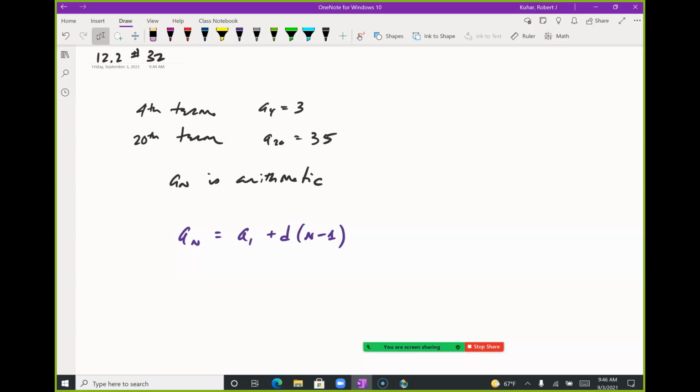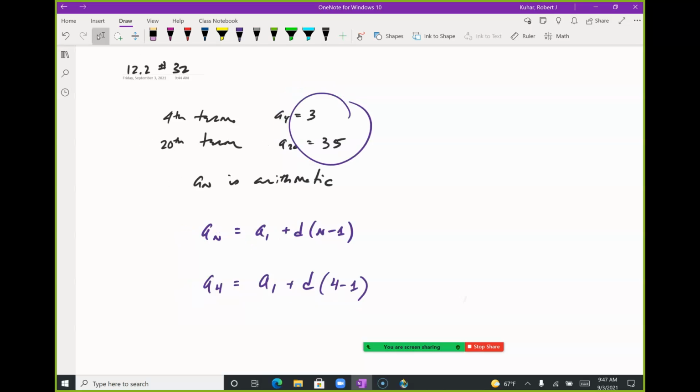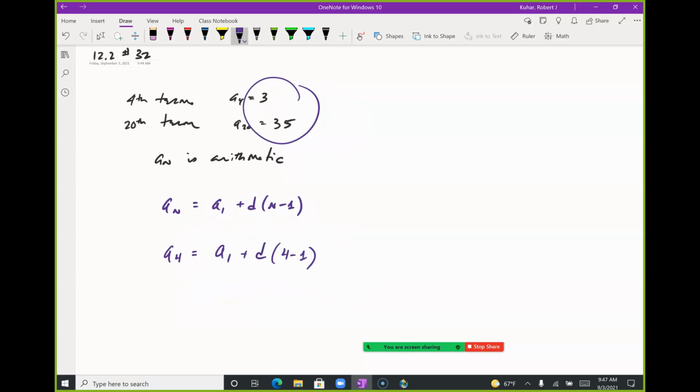But we take care of a sub n and n with this information. So when I have a sub 4, I know I have a sub 1 plus d times 4 minus 1. When I have my 4th term, I know the 4th term is 3, and I know the n value for the 4th term is 4, right?